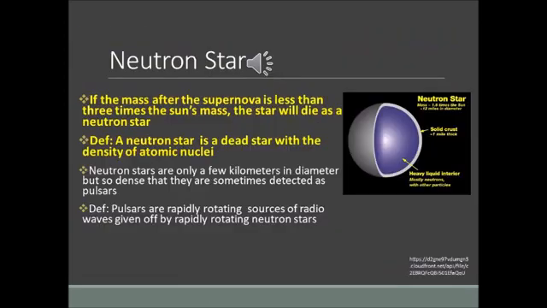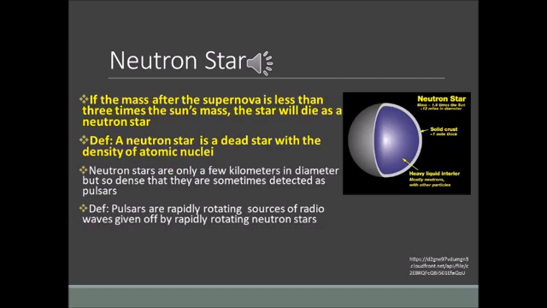So next, we're going to talk about a neutron star. Remember, I told you that after a supernova event in large mass stars, it can either turn into a neutron star or it can turn into a black hole. This again is determined by the mass of the star. If it is one of the smaller of the large mass stars, it'll turn into a neutron star.